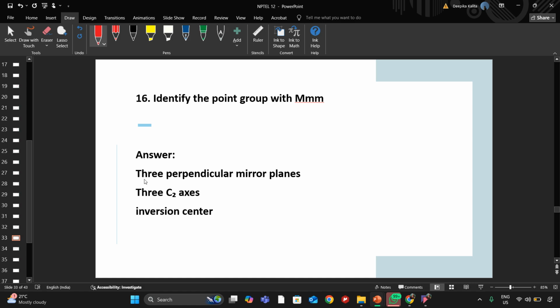The lattice type is orthorhombic. It has three mirror planes, one sigma h and two sigma v, and it has three two-fold rotation axes.